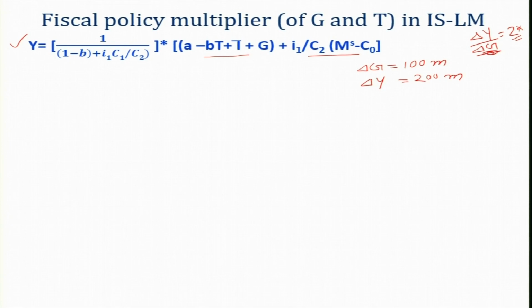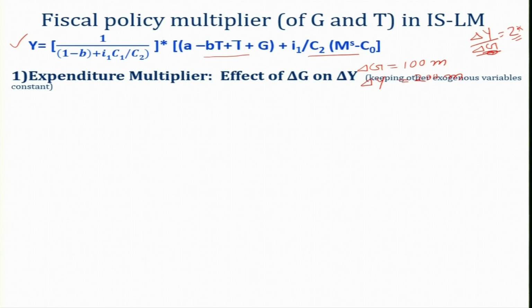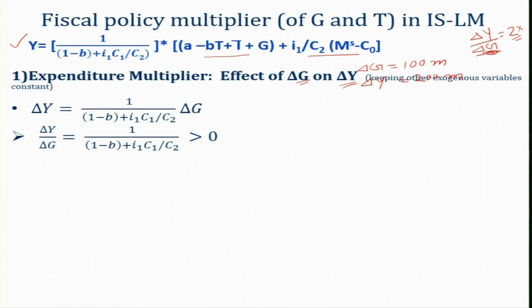So in the ISLM framework, let us see what factors determine the value of the government expenditure multiplier. Here we are going to see the quantitative effect of government expenditure on del y, keeping other exogenous variables constant.